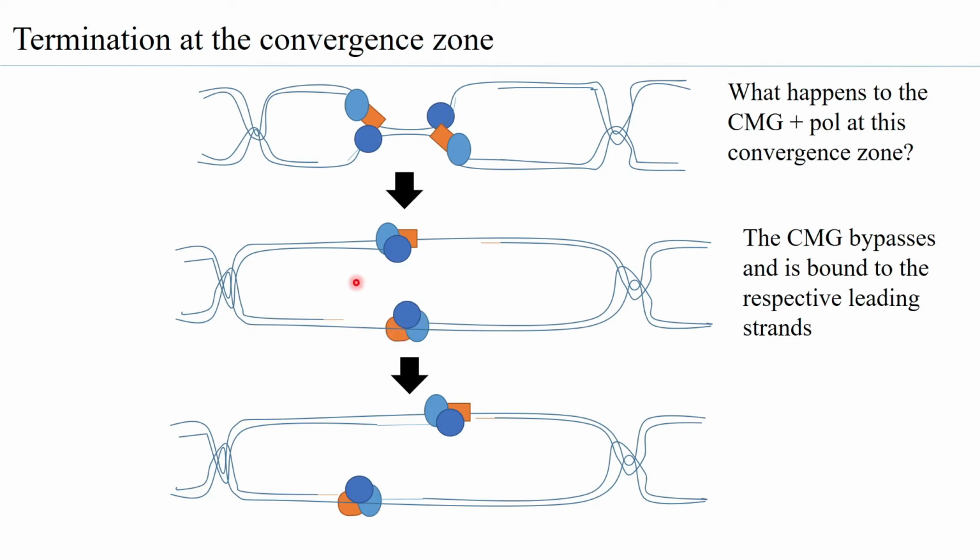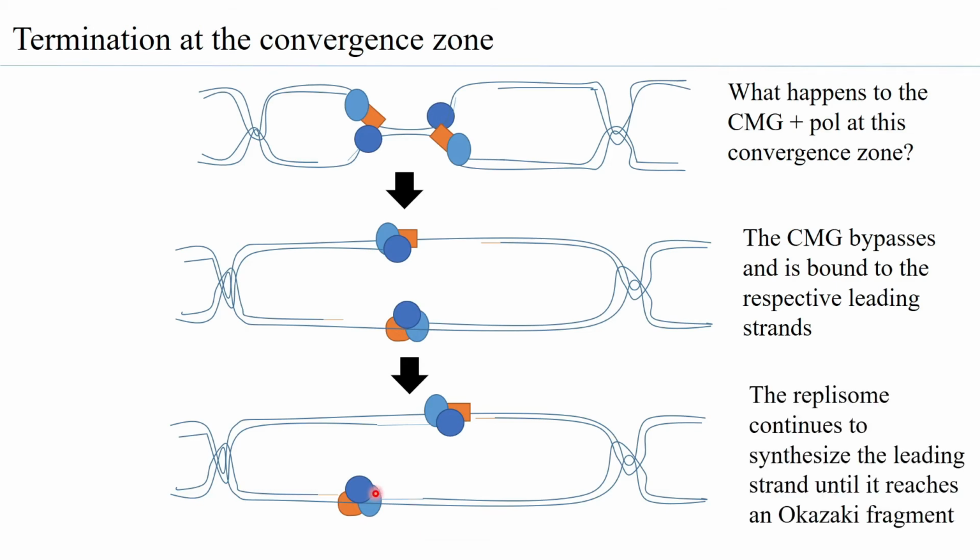From the convergence zone itself, the two replisome machineries continue to synthesize the DNA as long as the single stranded template is available. You can see that the DNA is being synthesized. You must understand that it continues to synthesize until it reaches the next Okazaki fragment.